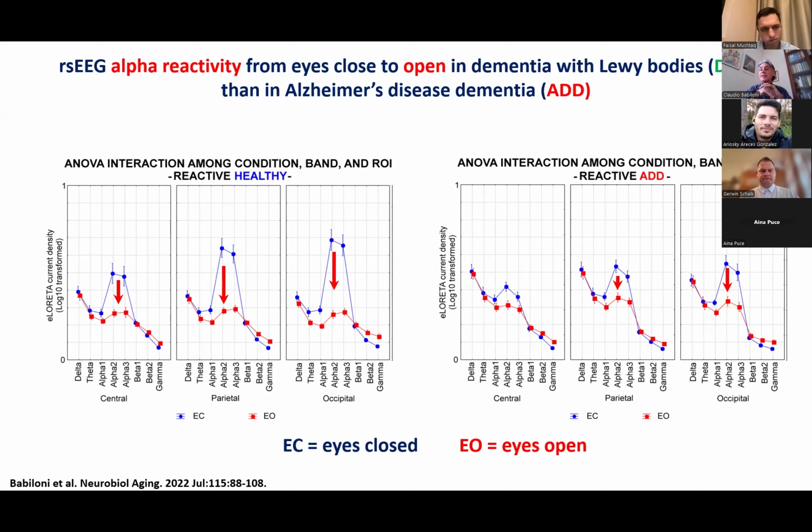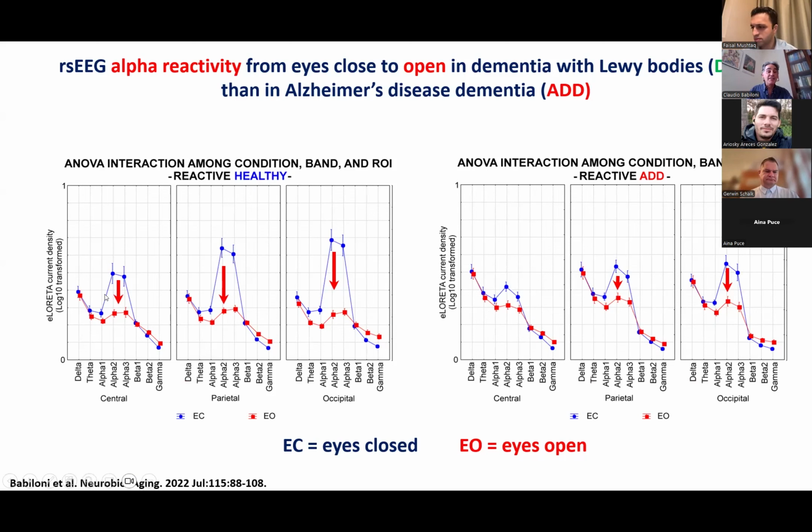replicated the resting state, eyes closed and eyes open condition in older participants healthy from a cognitive point of view, in Alzheimer's disease patients, Parkinson's disease patients, and Lewy body disease patients. Here you see one finding showing in the healthy older subjects a very classical power spectrum in the sources.